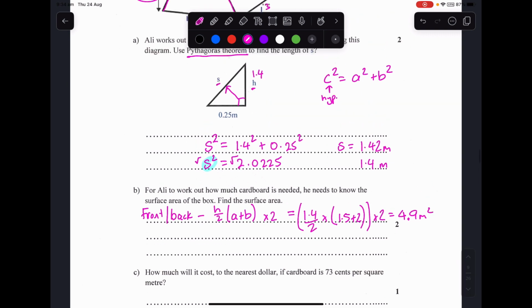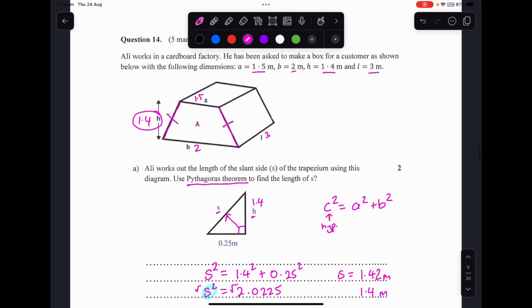Now for my rectangles, so there's a little trick for your rectangles if you want to use it. Every rectangle is going to be by the depth of your prism because that's all 3 meters across. Then you could note that every side of your rectangle is going to be one side of your trapezium. So this is my first one. So this one here is going to be 3 times.